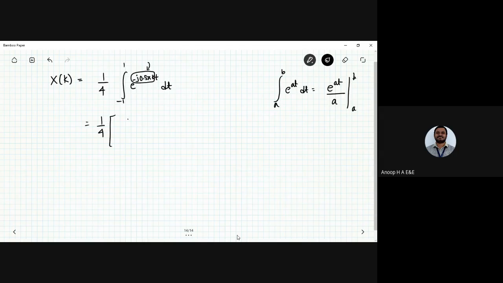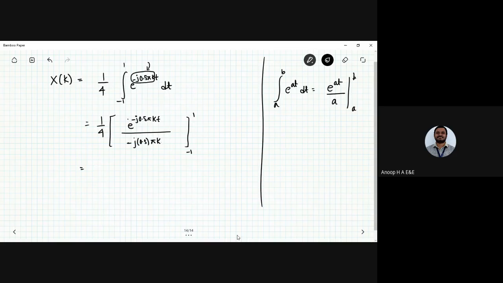So I'll use this equation, the value of the integral. So e power minus j 0.5 pi k t divided by minus j into 0.5 into pi into k, from -1 to +1.